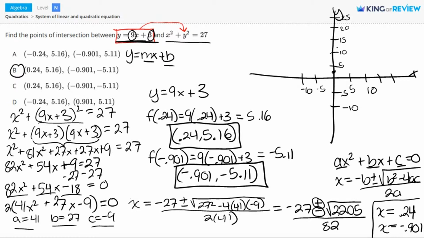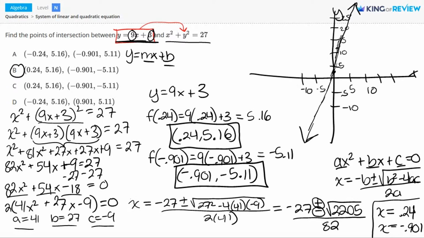So that's about here. So now I'm going to use these 2 points to fill in our line. So we have our line here.